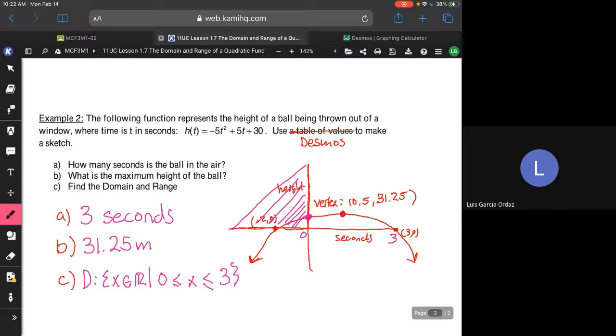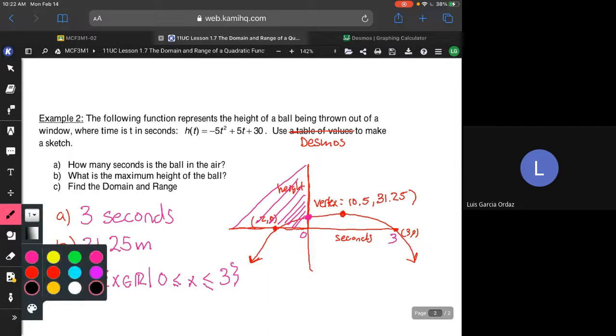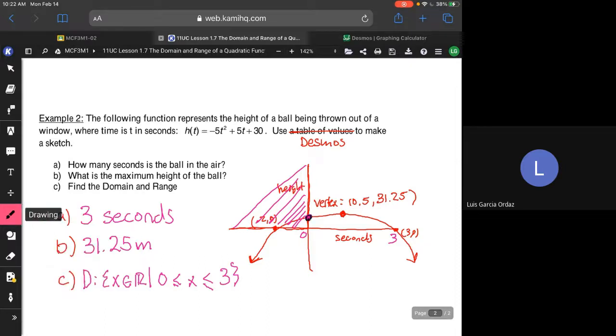And I'm going to draw them out with a black dot. So this is the lowest time that it can be, 0 seconds. And this is the highest time, or the maximum time that it reaches, 3 seconds. So my graph falls in between 0 and 3. Any questions so far? There might be some confusion right now.